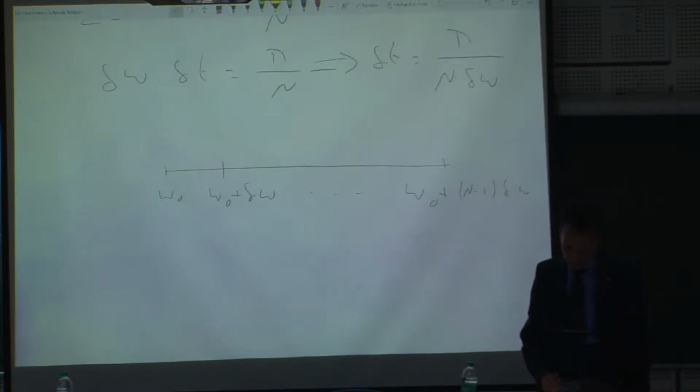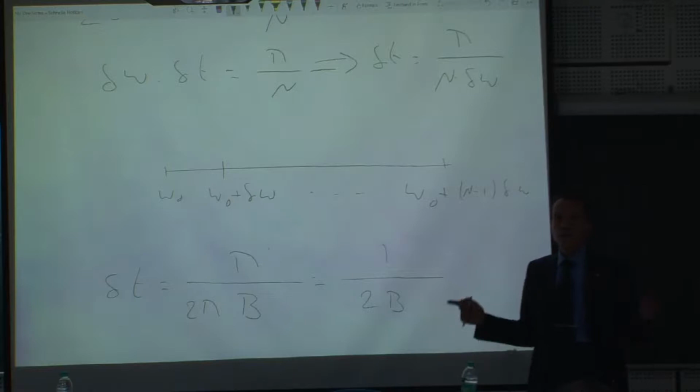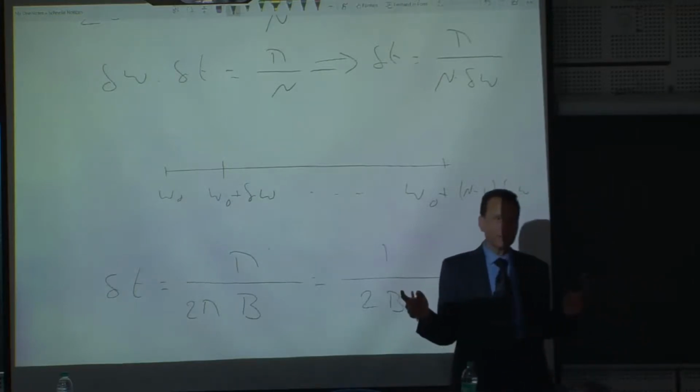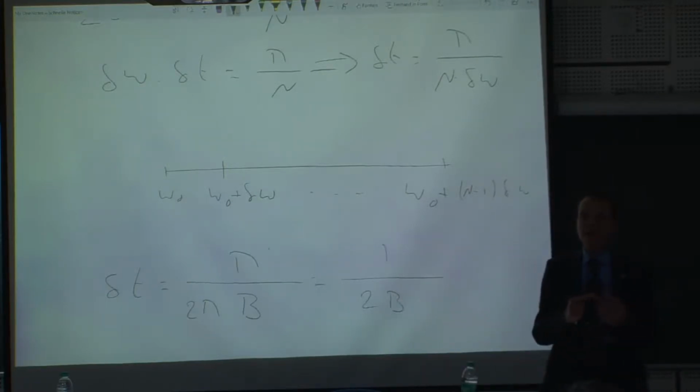So you have delta t is pi divided by twice pi times the bandwidth. So you can say it's something like 1 over twice B. So the wider you measure, the higher the resolution you can achieve. This is the first occasion we see the relation between resolution and bandwidth.